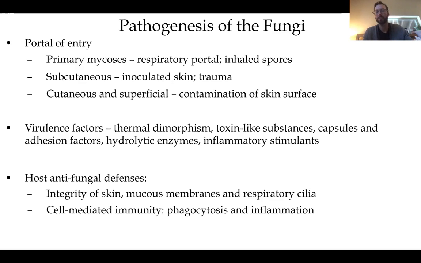Some will secrete toxins or form capsules to hang out. Adhesion factors, remember those? That's for attachment. Hydrolytic enzymes to then break down the tissue and enter further inside the host. And then inflammatory stimulants. Okay, these are some examples of the virulence factors that fungi have.